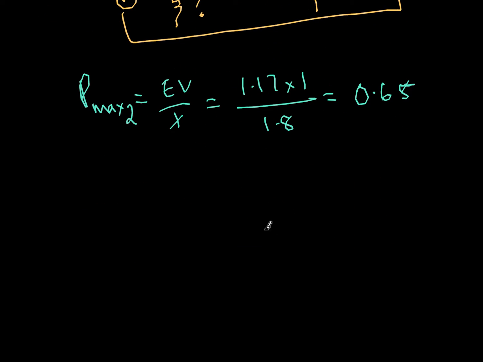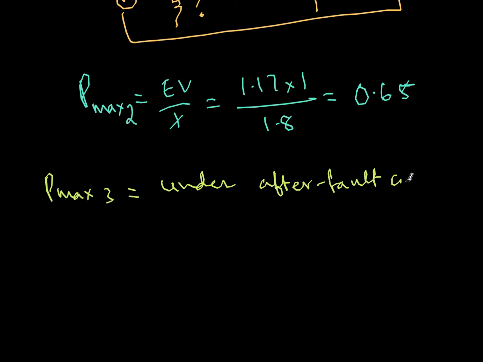Next we have to find out what is Pmax3. Pmax3 is under after fault conditions. So when the fault is removed, the system is something like this. This particular line, this line is open circuited.